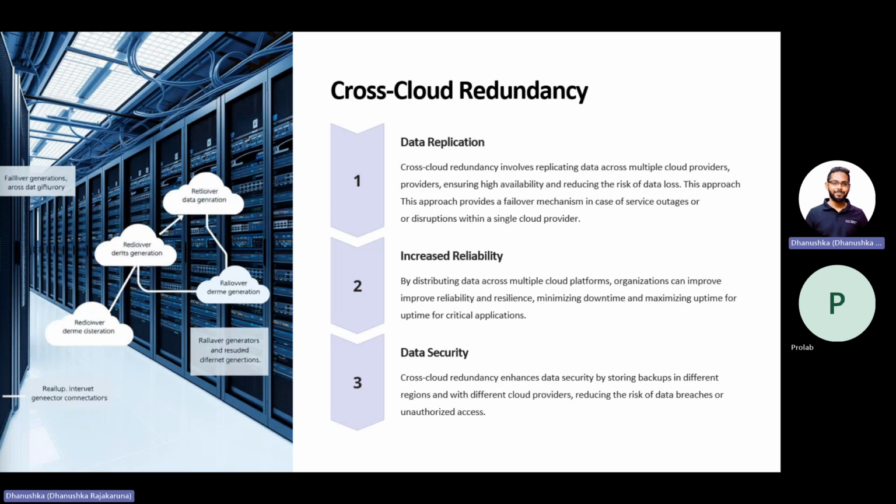For identity and security management, Okta, Azure AD, and Ping Identity for cross-cloud IAM, and Palo Alto Prisma Cloud and AWS Security Hub for policy enforcement. For network optimization, we can use SDN solutions like VMware and Cisco SD-WAN.